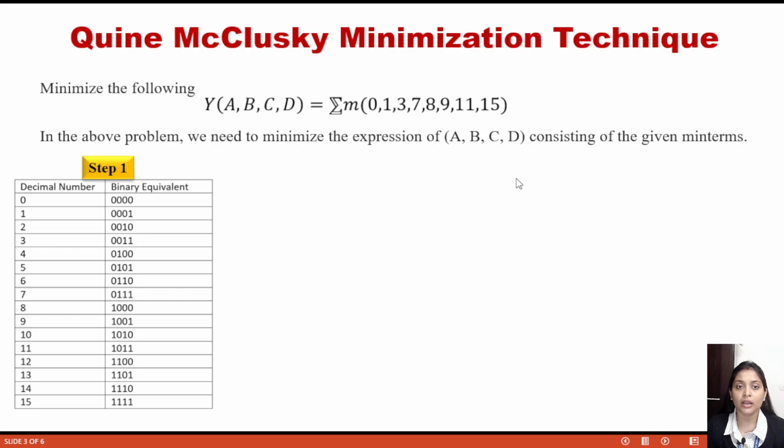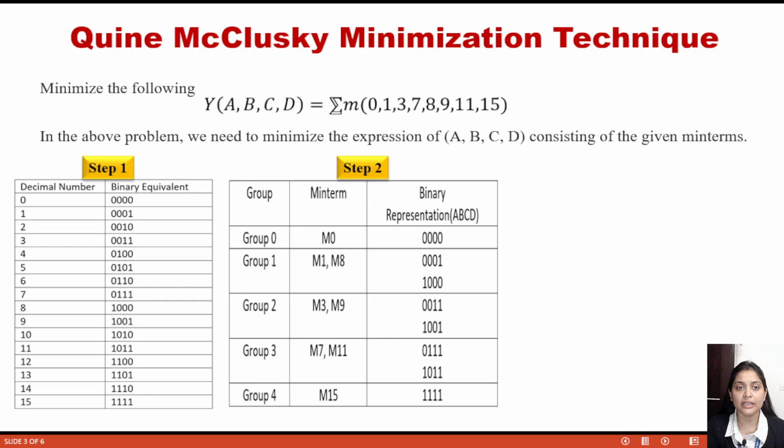Now step 2: based on the numbers given in the question, first of all we have to make groups according to how many ones are present. So based on the number of ones we will make a group.